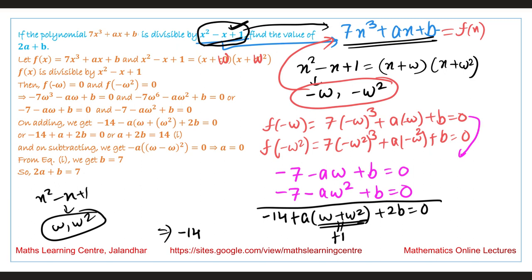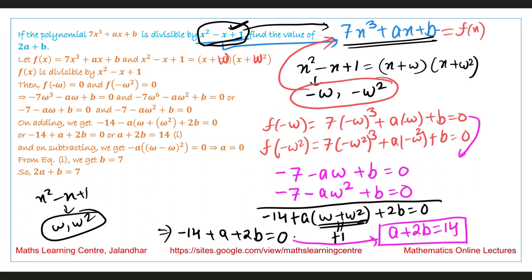This implies minus 14 plus a plus 2b is equal to 0. So this gives us that the value of a plus 2b is equal to 14.